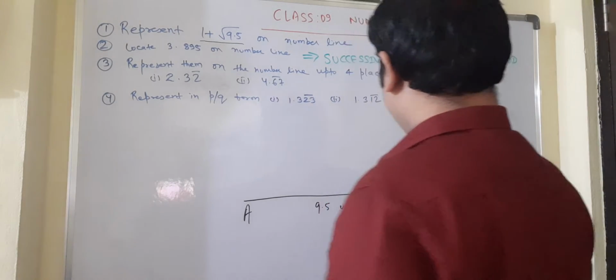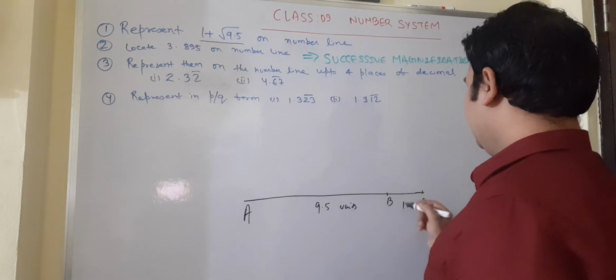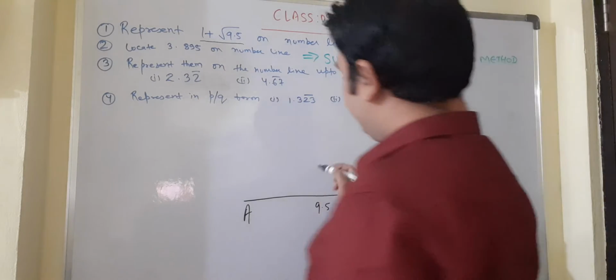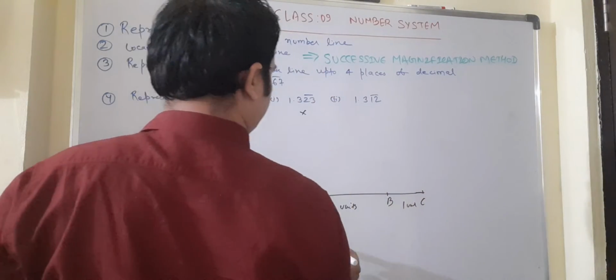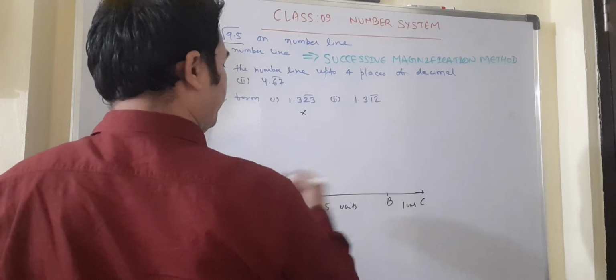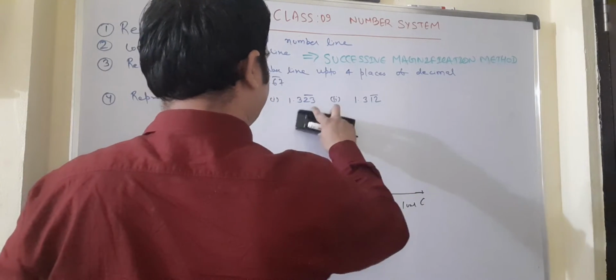Now when you have taken this AB of 9.5, that is the required length, plus 1 unit extra B to C, you draw the perpendicular bisector of A to C, not A to B, A to C, complete length 10.5. It should fall somewhere around this place.